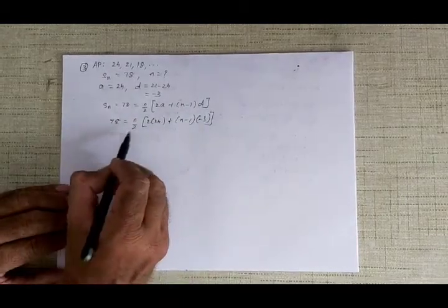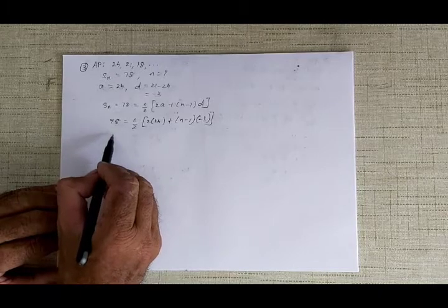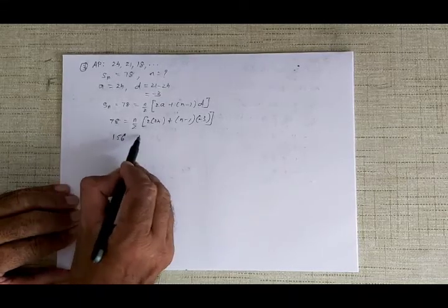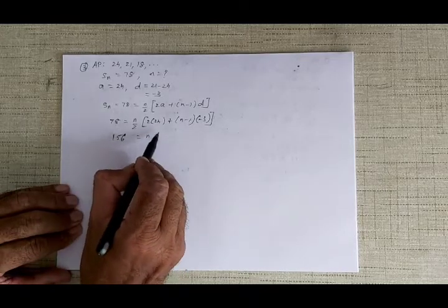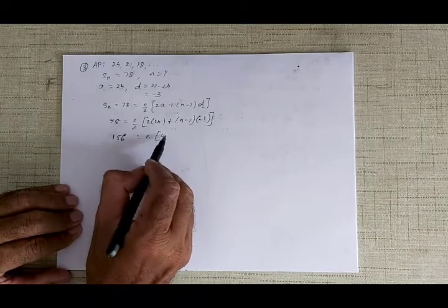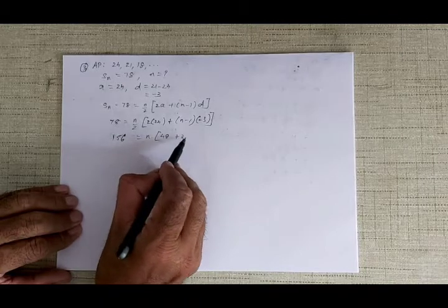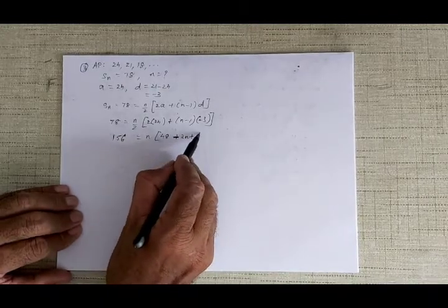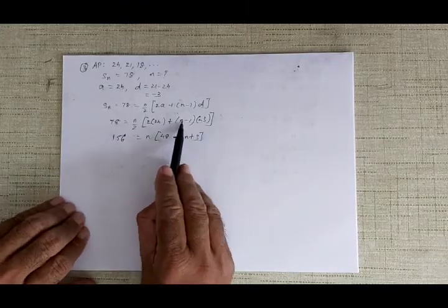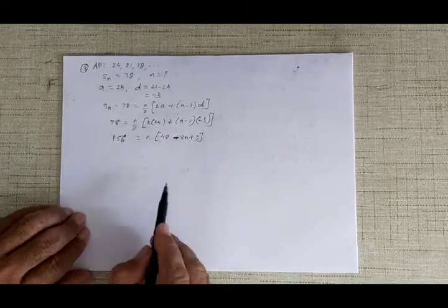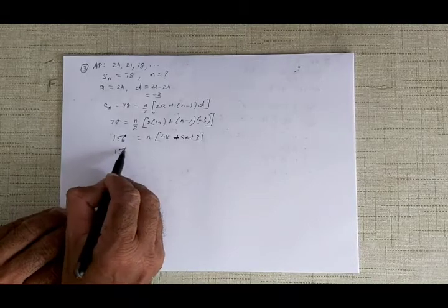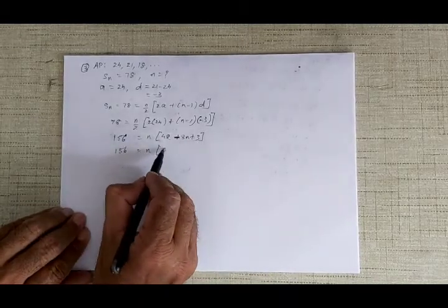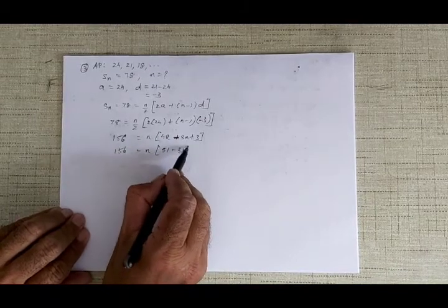So now you see 78 into 2, 8 2s are 16, 7 2s are 14, 156 is equal to n into bracket 24 2s are 48, 3 1s 3, this is minus 3n and plus 3 1s are 3. Just be careful with the minus n. Minus 3n, and minus minus will become plus 3. So 156 is equal to n, 48 plus 3, 51 minus 3n.